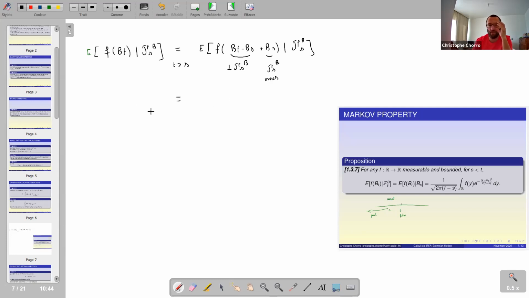From what we have done together in chapter 0, I know that the conditional expectation in this case is just a function of B_s, because I have independence here and measurability here. So at this stage, I have already proved that my conditional expectation is in fact just the conditional expectation given B_s, because it only depends on B_s, not on the Brownian motion at times strictly less than s.